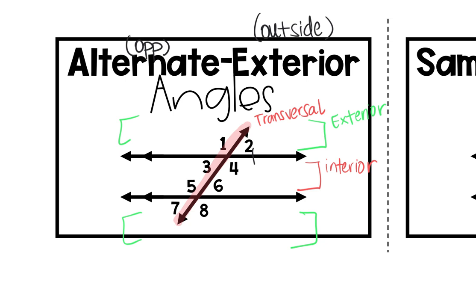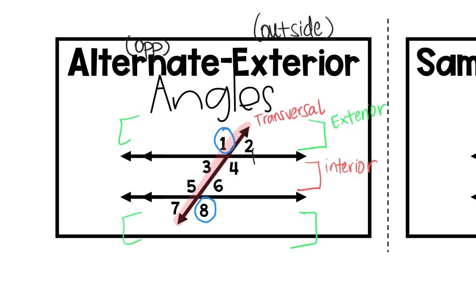That's your options because that's what's exterior of the two lines, okay? So because it says alternate, I know that if one of the angles is 1, the other pair that's alternate exterior is 8. They're on opposite sides of the transversal and outside, exterior, of those two lines.